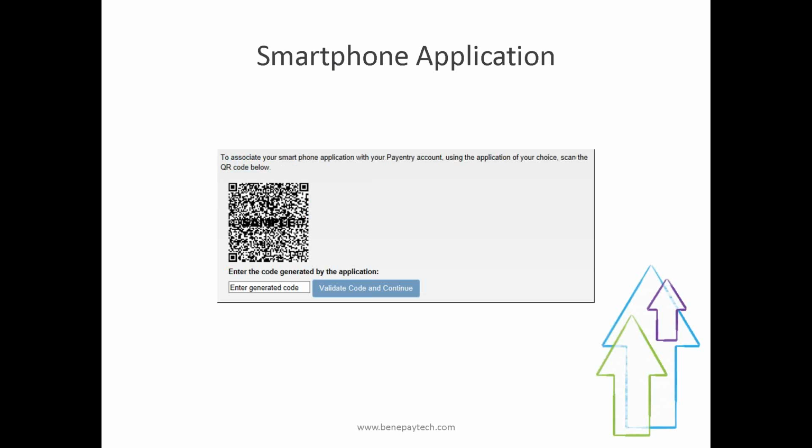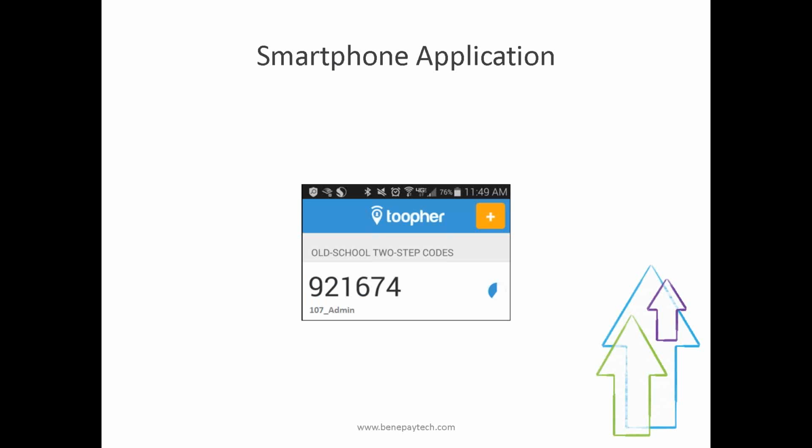Then you will scan the provided QR code, and the application will provide you with a verification code. The verification code will reset every 30 seconds. Going forward, you will only need to access the app and enter the provided verification code to enter Payentry.